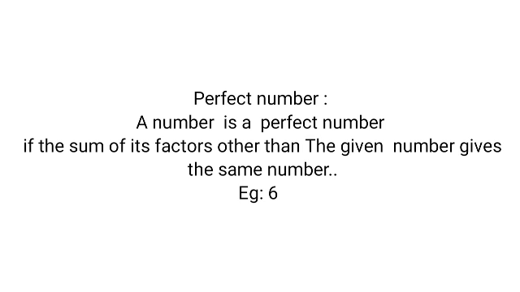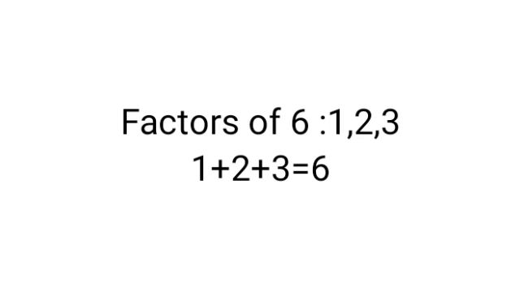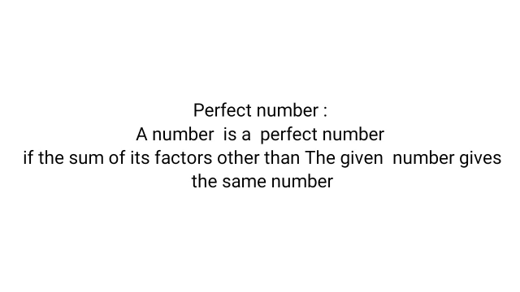Adding the factors of 6, namely 1, 2, 3, gives the given number, that is 1 plus 2 plus 3 equals 6. Once again, a number is a perfect number if the sum of its factors other than the given number gives the same number.